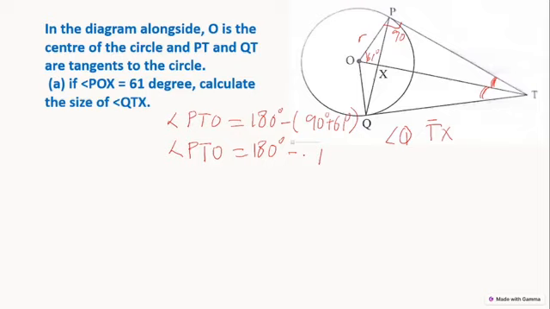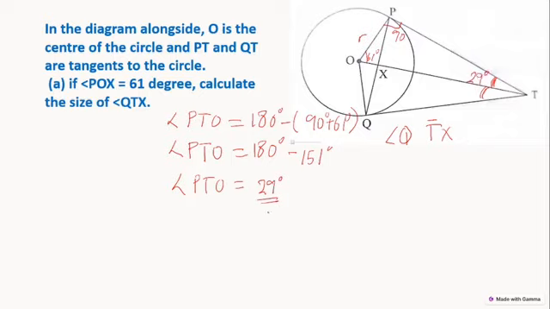Therefore angle PTO equals 180 minus 151. 10 minus 1 is 9, 7 minus 5 is 2, 1 minus 1 is 0. So this angle is 29. So here we have 29 degrees.